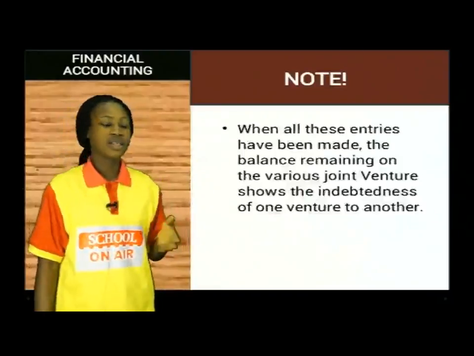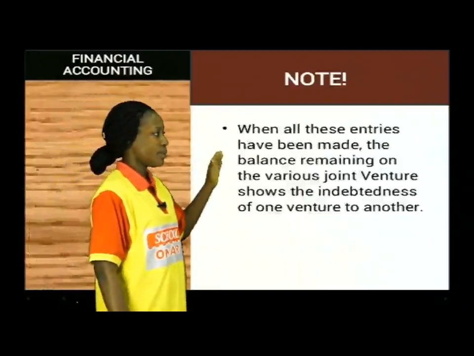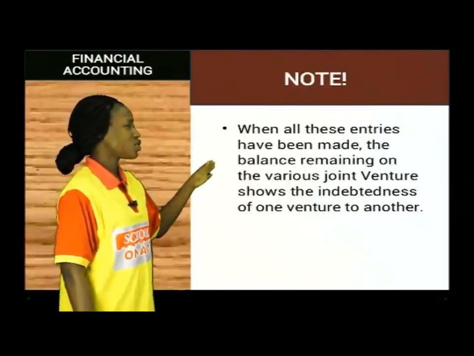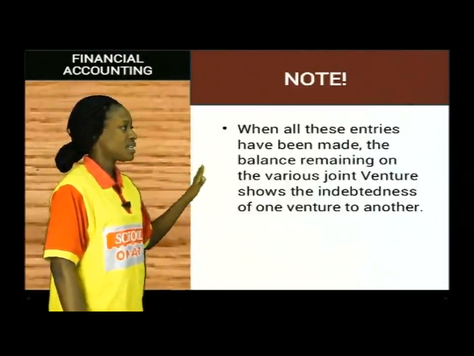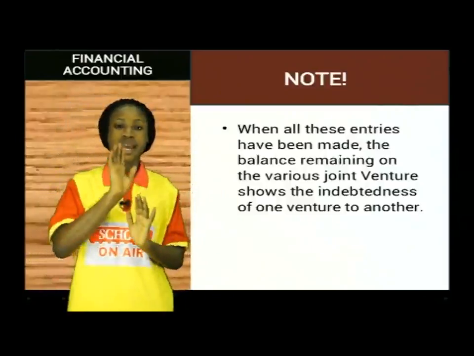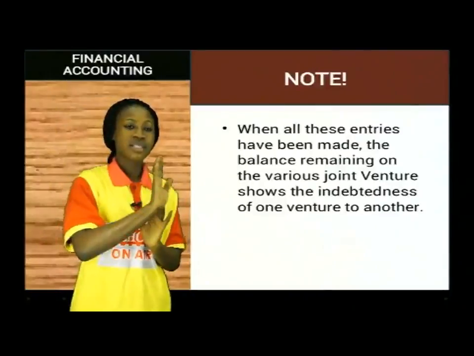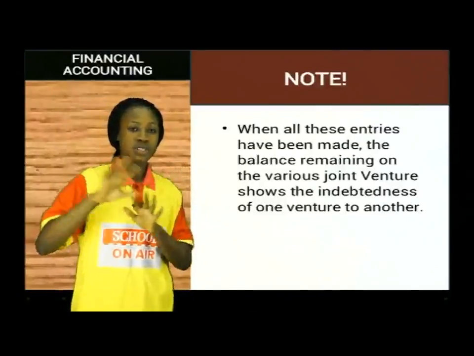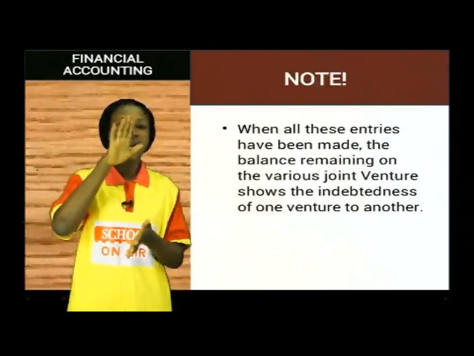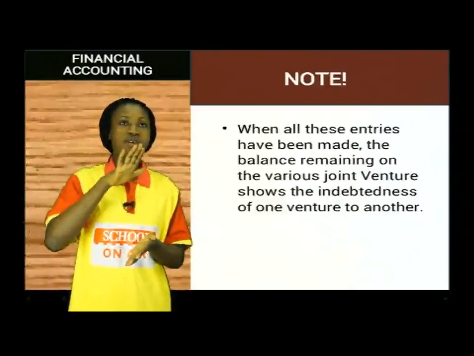After doing all this, when all these entries have been made, the balance remaining on the various joint ventures shows the indebtedness of one venturer to another. What are we saying here? Mr. A has prepared his account, joint venture of A with B, B's joint venture with A. Now, Mr. A has prepared his account, everything intact.